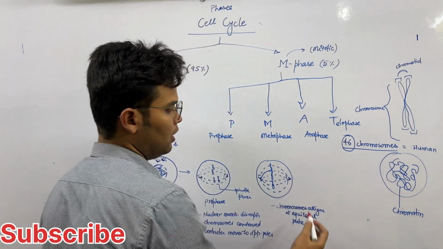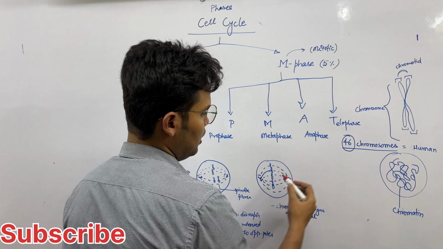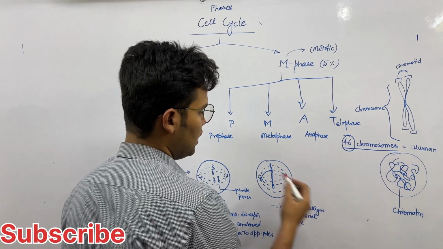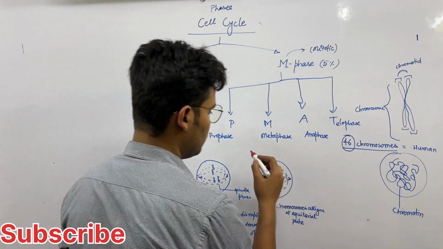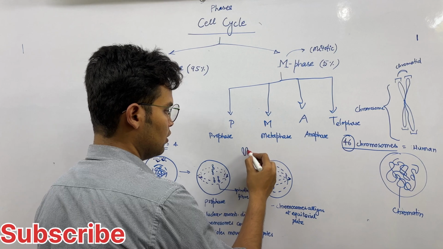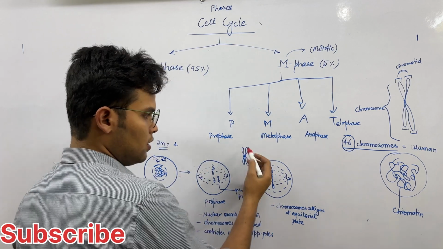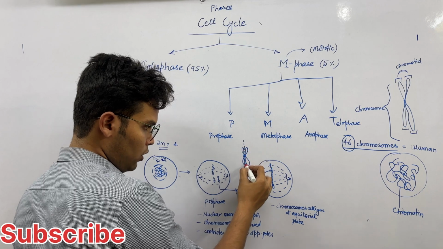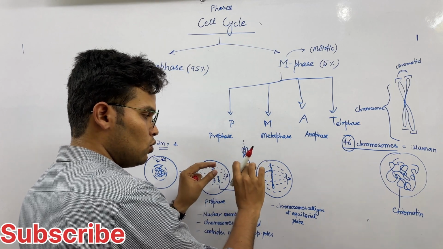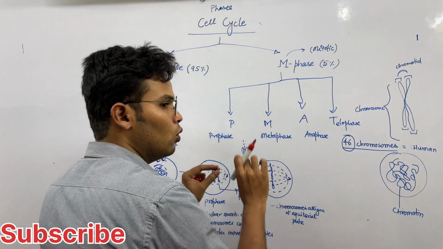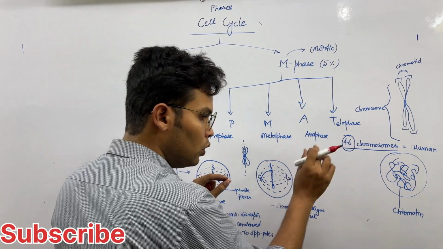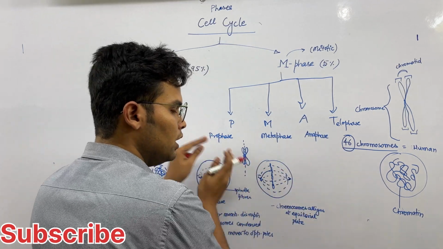Now in anaphase, these chromosomes which have this structure like this will divide, and half of the chromosome will split and go to one end or one pole, and the other half will go to the other pole.